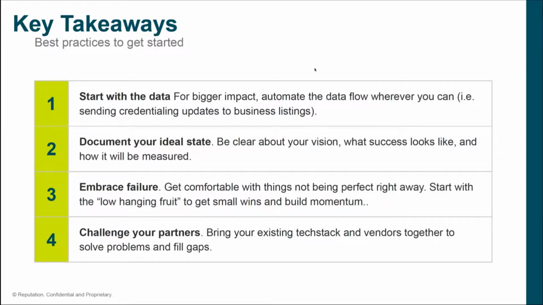You've got to document this, and you have to have a bullseye that you can target, because without this, you're just going to keep spinning your wheels and you won't have a place to aim your effort. Everything that you do should roll up to that overall goal. What is success going to look like for you? And how are you going to measure it? That will dictate all of those iterative steps that you take to get there.